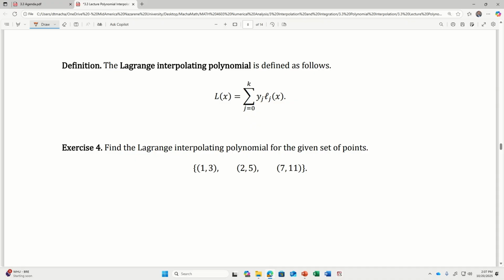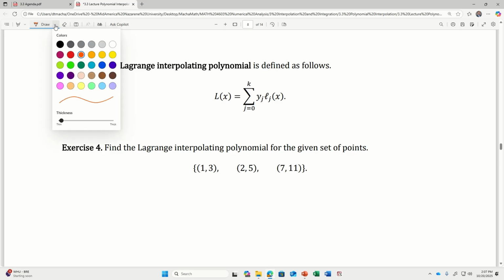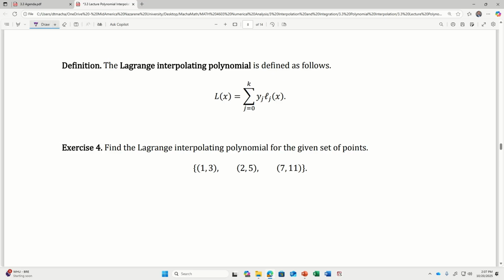Then the Lagrange interpolating polynomial is defined like this. This time the capital sigma is telling you to add everything up. You guys know that, sorry. I'm used to teaching lower division classes. You've seen this before. We're going to sum this up from j equals 0 to k.